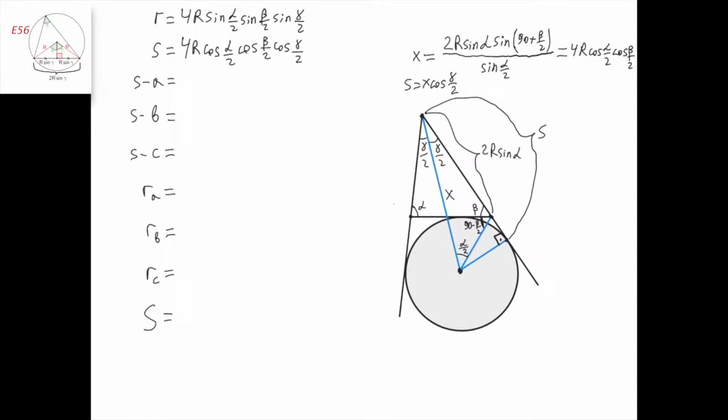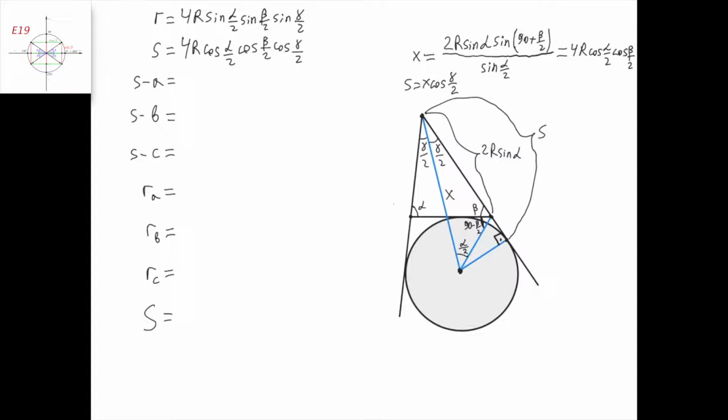From the law of sines, we know that this side of the triangle equals 2 times R sine of alpha. Now we can apply the law of sines for this triangle, and we can express x in terms of 2R sine of alpha. So x equals 2R sine of alpha times the sine of this angle divided by the sine of this angle. So we get 2R sine of alpha times sine of 90 plus beta over 2, which is this angle, divided by sine of alpha over 2, which is this angle.